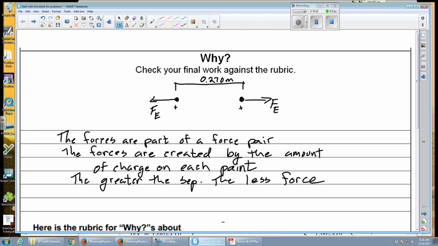I mean, I could probably go in there that the forces are repulsive because they're like charges. That'd probably be good. The forces are repulsive due to the types of charge, the fact that we have two positive charges.